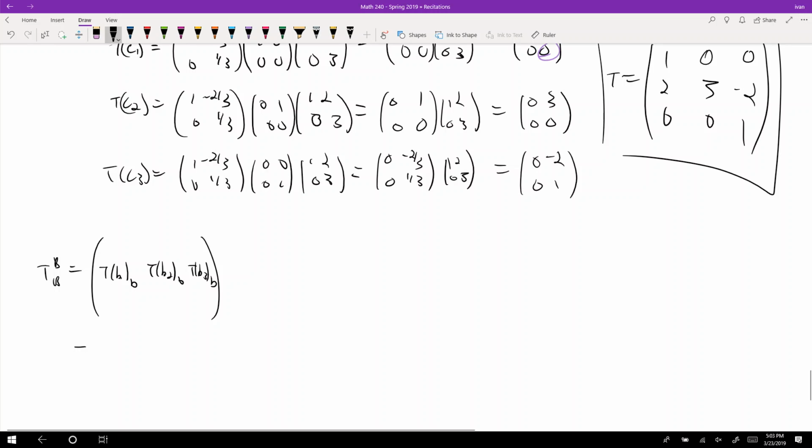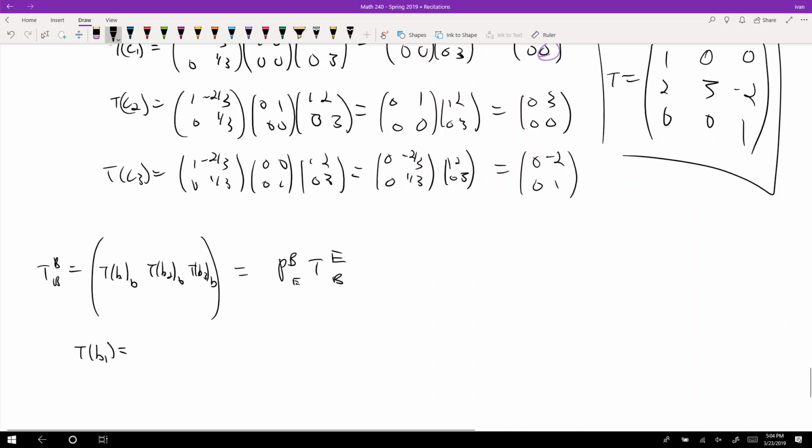Okay, so let's find what T of B1 is. And remember, the other way we can do this problem is we can find the change of basis matrix from E to B, and then just plug in T of BE and multiply. These two are equivalent ways of going about finding the matrix. But anyhow, we need to find what T of B1 is.